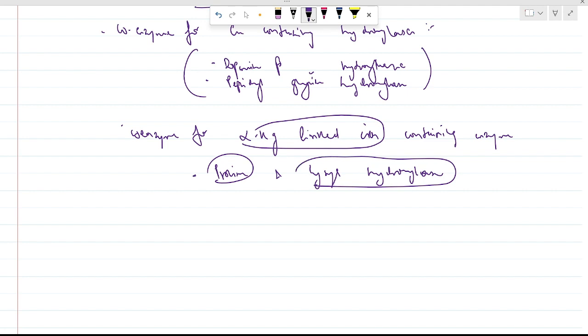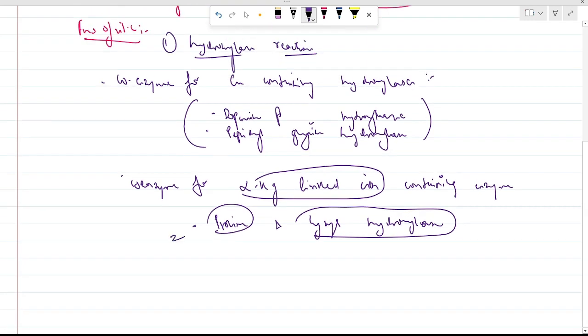Remember, these two enzymes are super important for maturation of collagen, proline and lysyl hydroxylase.